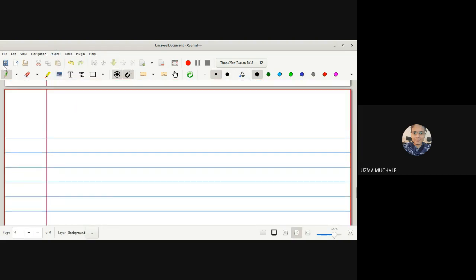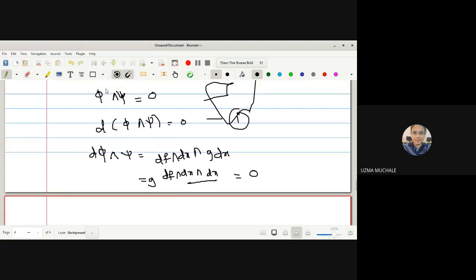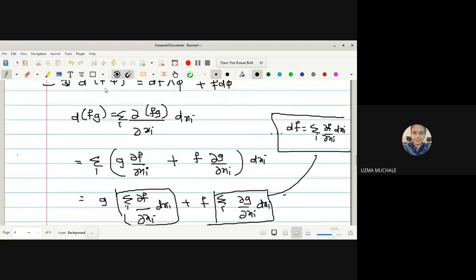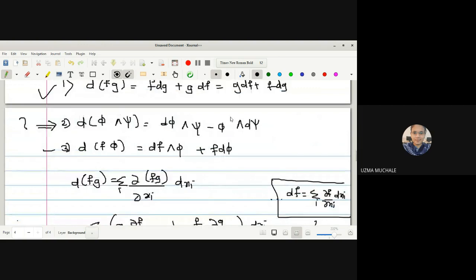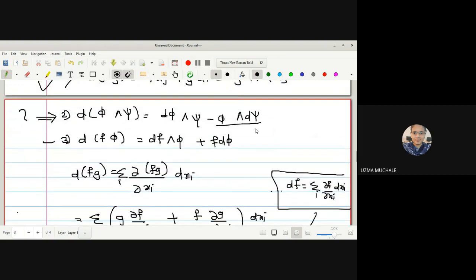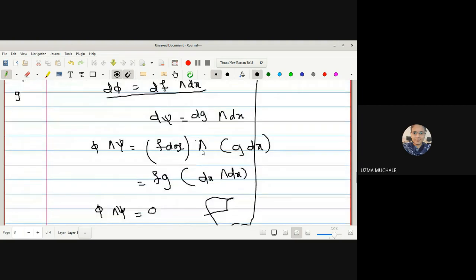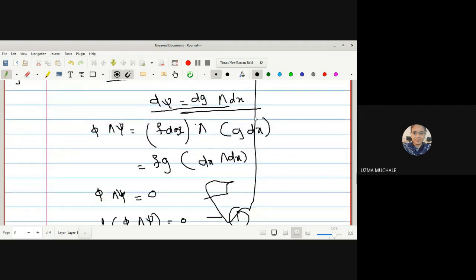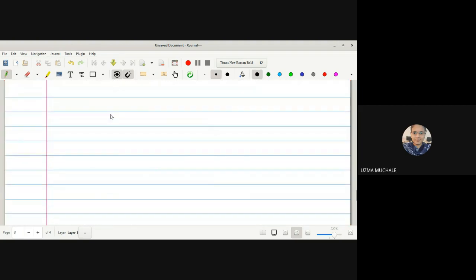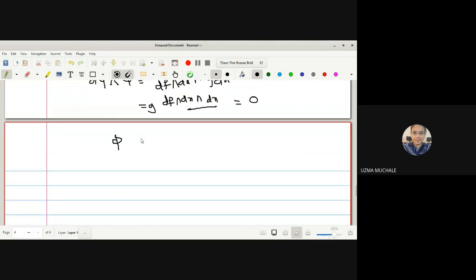Again, in a very similar way, I have to do the same thing for the second term, which is minus phi wedge d psi. I have to evaluate phi wedge d psi. We know the value of d psi. What is the value of phi?